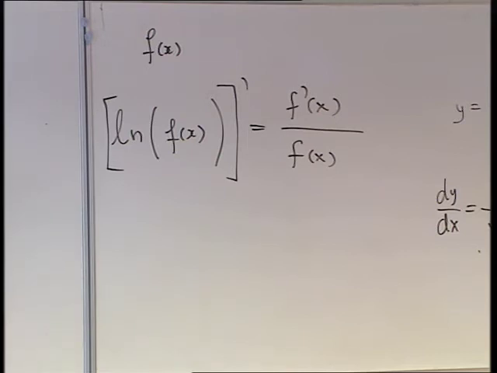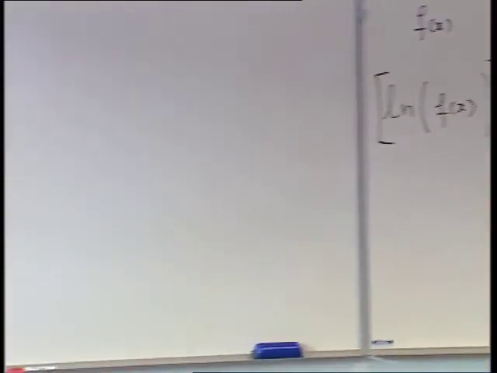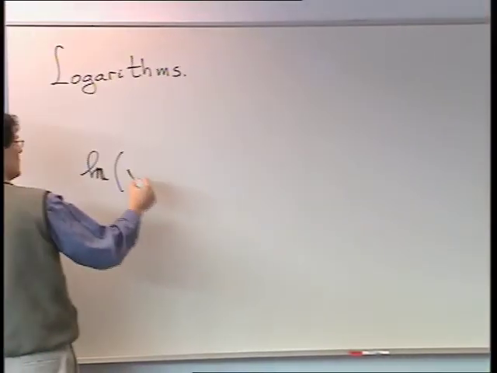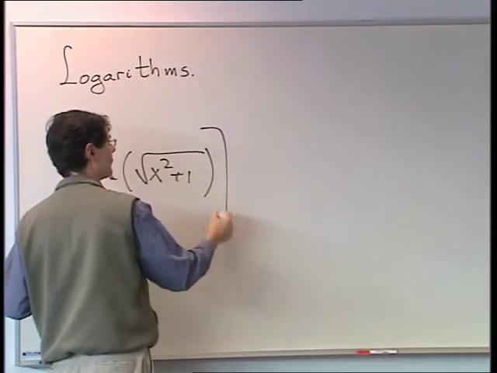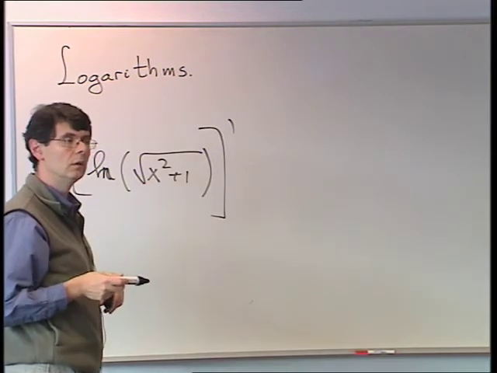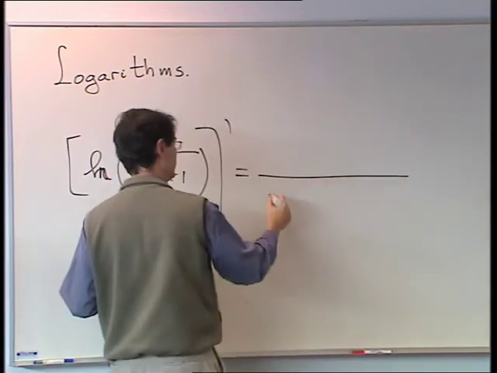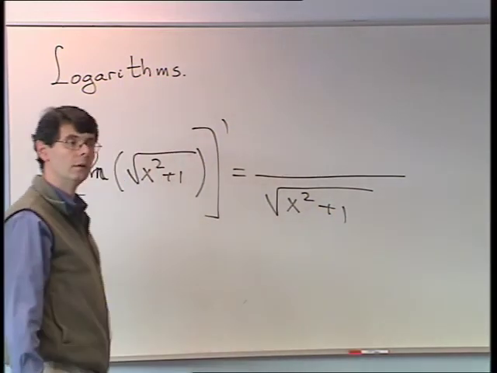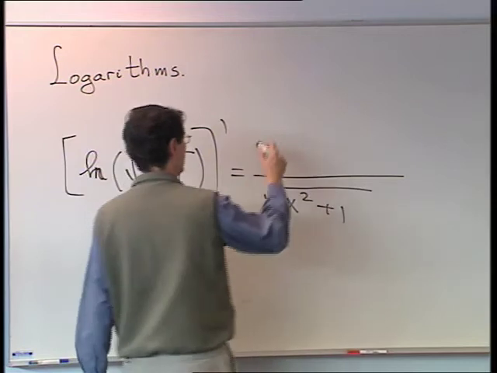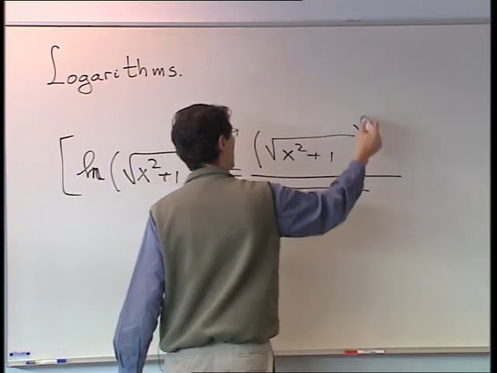another example here. If you want to take a derivative of log, what this formula is saying is that you have to divide by what's in there, and in the numerator here, you have to take a derivative of that.